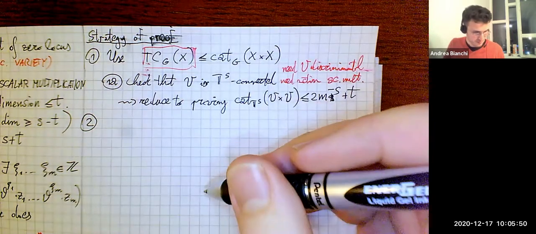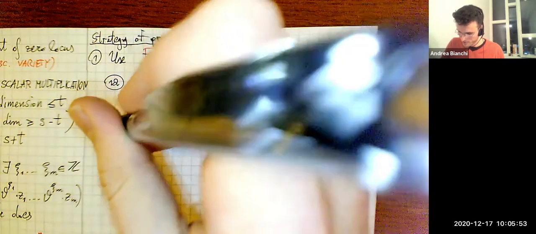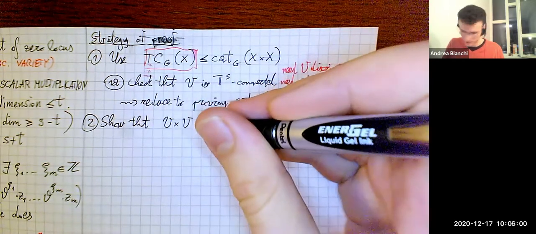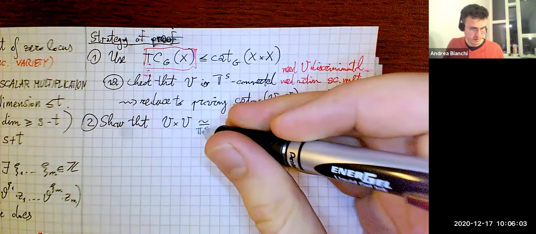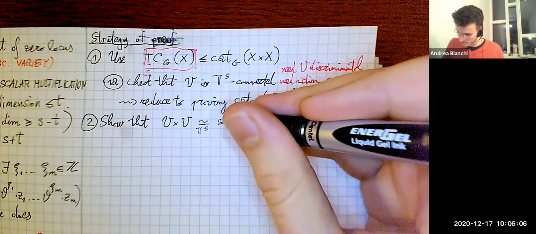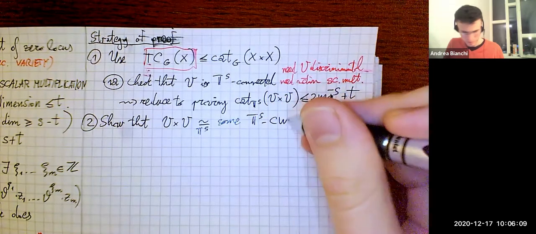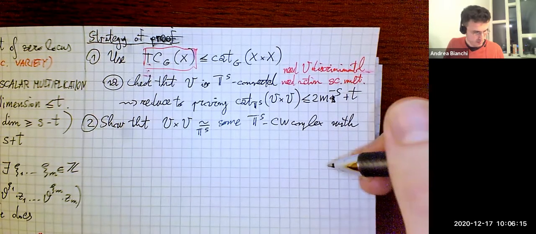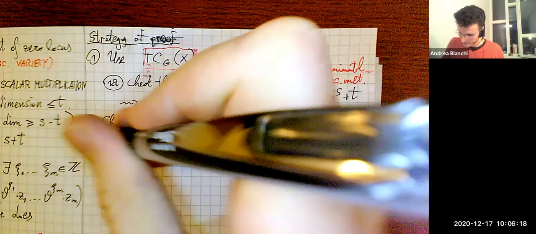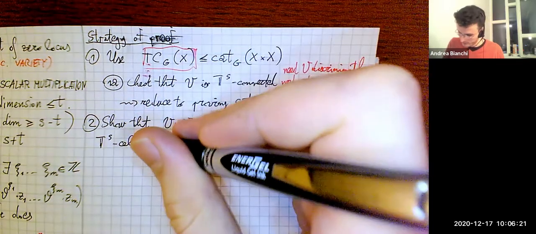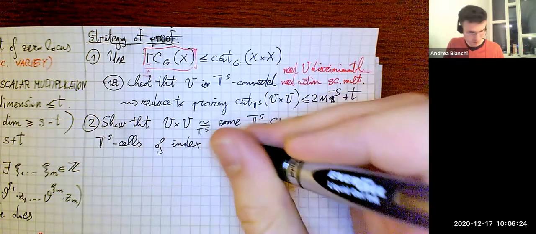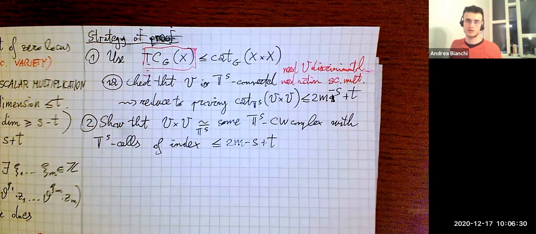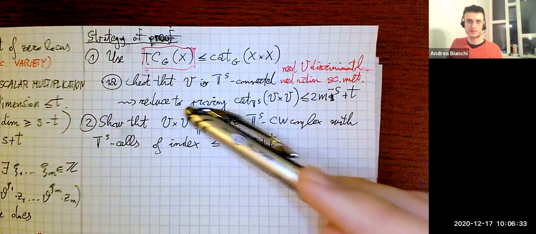So show that V times V is TS equivariantly homotopy equivalent to some TS CW complex with equivariant cells of index at most 2m minus s plus t. And now we notice, this space is a manifold.